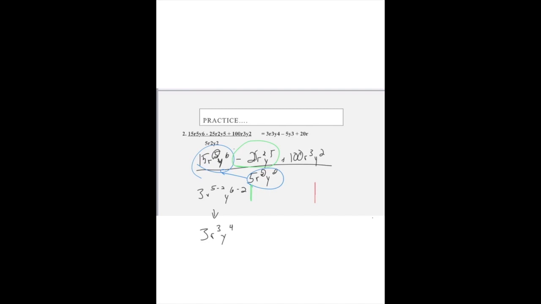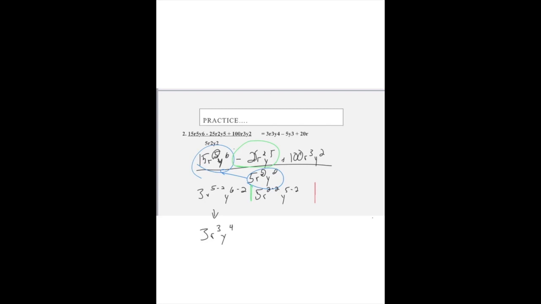Now this makes more sense. So 5 into 25 will give us 5. We're left with r squared against r squared, so we get r to the 2 minus 2, and then we have y to the 5 divided by y squared. So that's the kind of functions that we're doing.